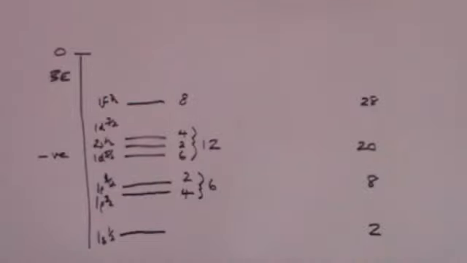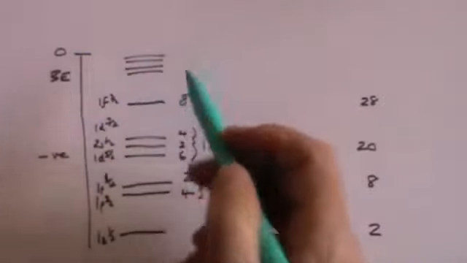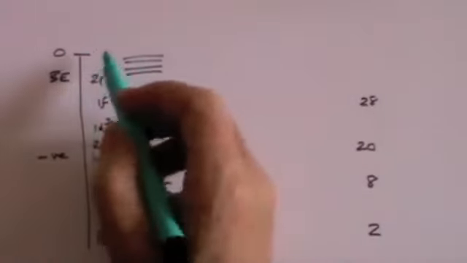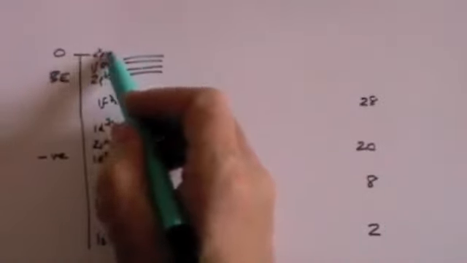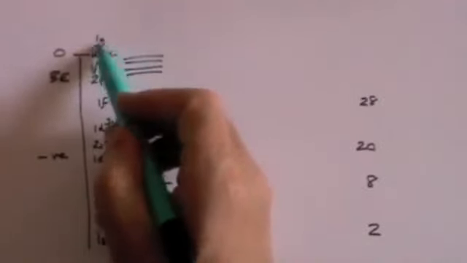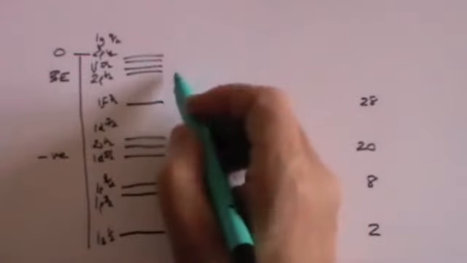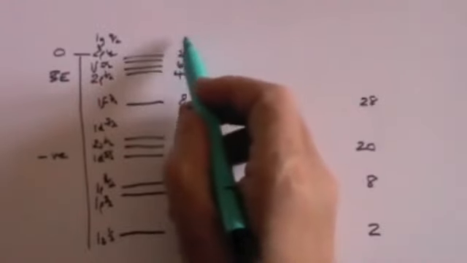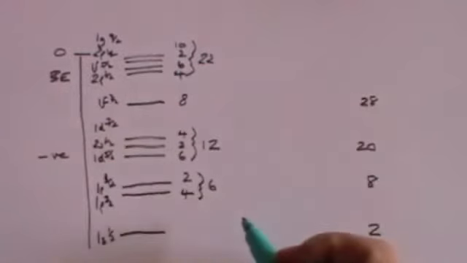I shall just do one more level. It has 4 levels very close together. That is the 2p3/2, the 1f5/2, the 2p1/2, and the 1g9/2, and they can have 4 plus 6 plus 2 plus 10 nucleons, giving a total of 22 in all.